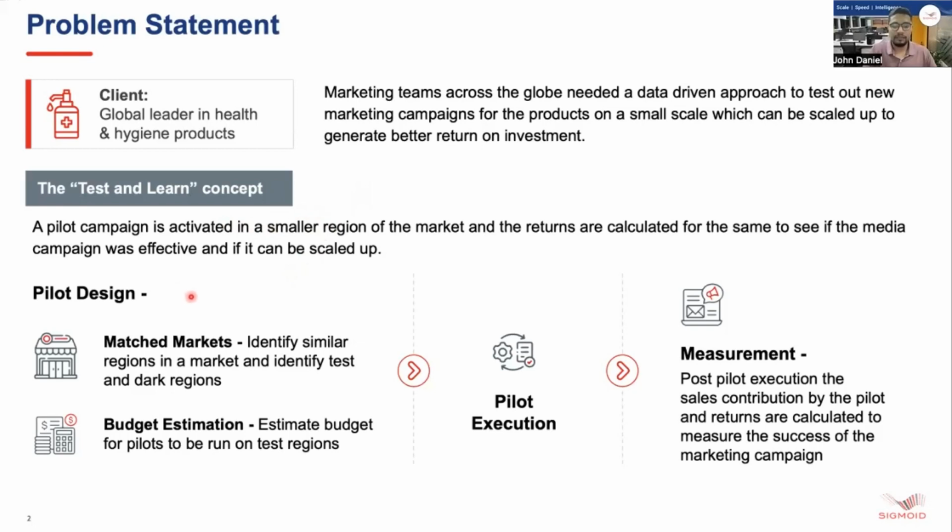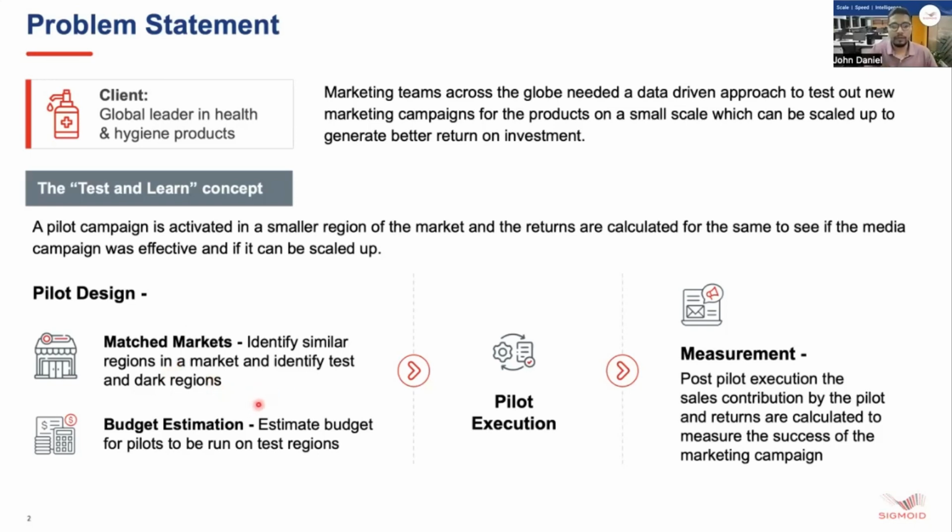In pilot design, we have two models: matched markets, in which we identify similar regions in the market to define test and dark regions. Test regions are the regions where the pilot campaigns will be activated, and dark regions are the control regions where no media activation will be happening.